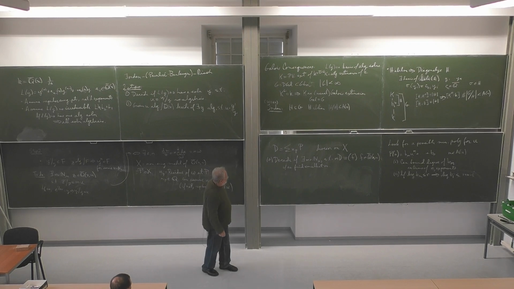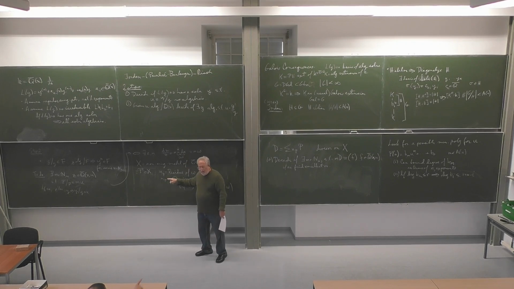I started with this guy, so I have u dx. U is given. So I can write down the divisor of this. And not the divisor, but I do it this way.